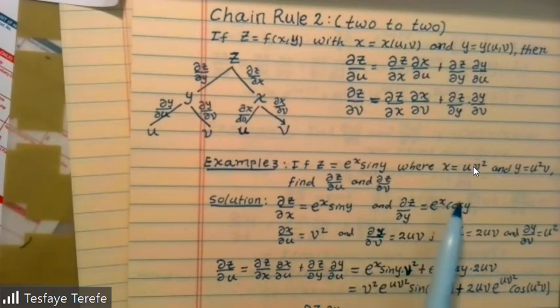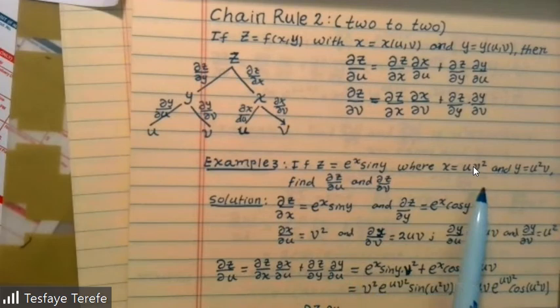Likewise, when you differentiate with respect to u, v squared is constant, and that's what we get. And when you differentiate dx with respect to v, that means u is constant, so 2uv. You do the same thing with respect to y: dy du is 2uv, and dy dv is u squared.